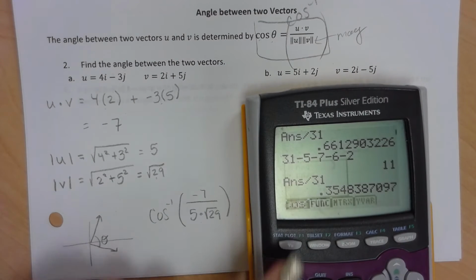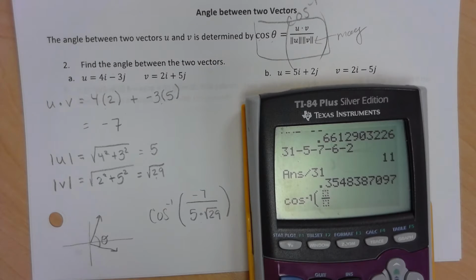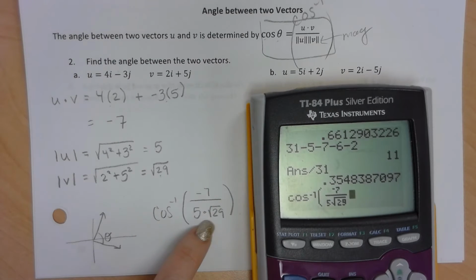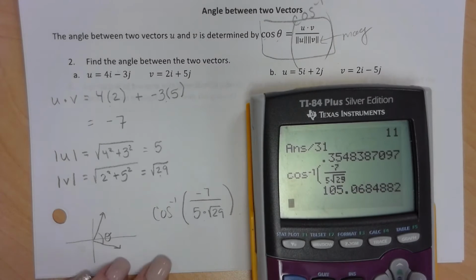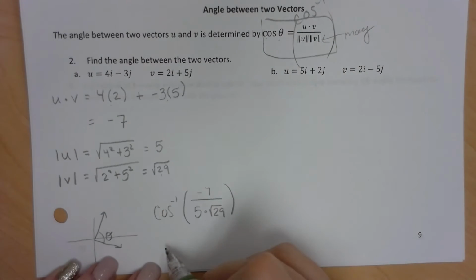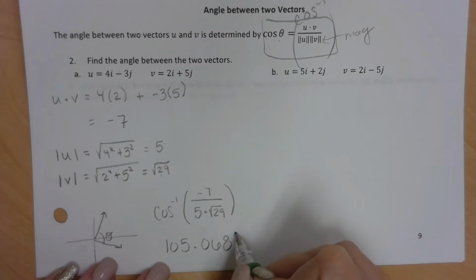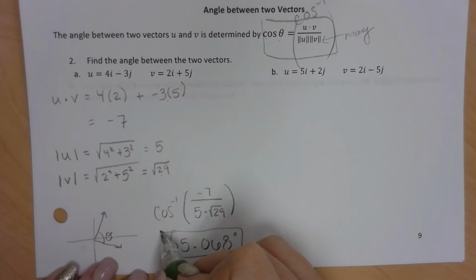Now I highly suggest we use the alpha y equals button to get the fraction, because if we don't use appropriate parentheses, we're going to get the wrong answer. It's going to divide and then multiply instead of multiplying and then dividing. So make sure you're using your fraction button. That gives us an angle of 105.068 degrees.